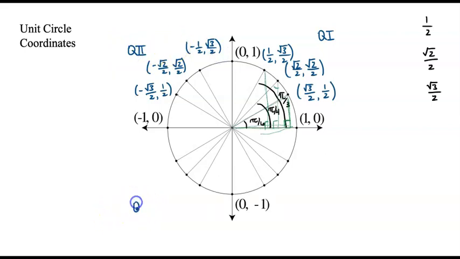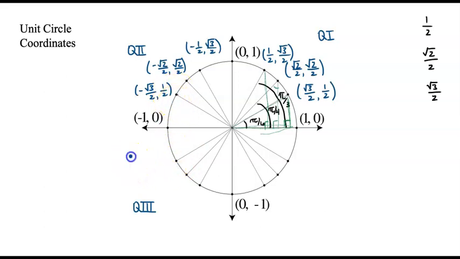So now for quadrant 3, this first point is going to have the same coordinates as these points above, with the exception that now the y value is also going to be negative. And so this point right here is the same as this point right here.